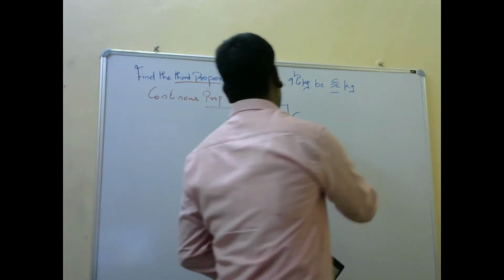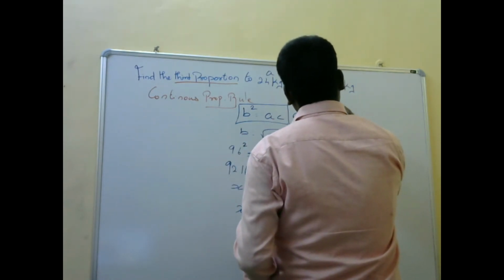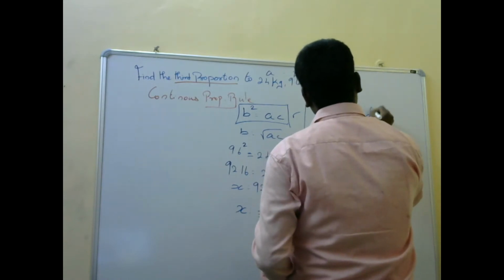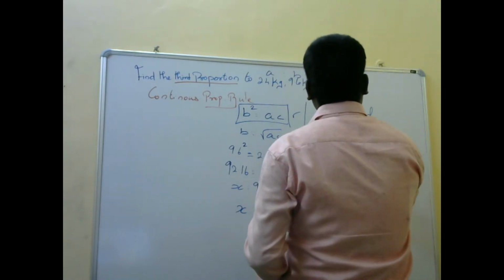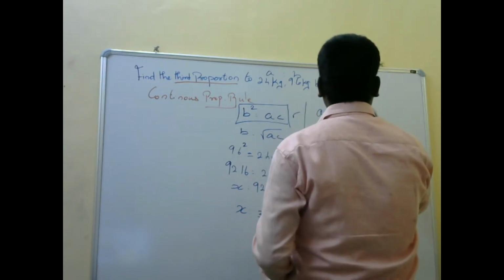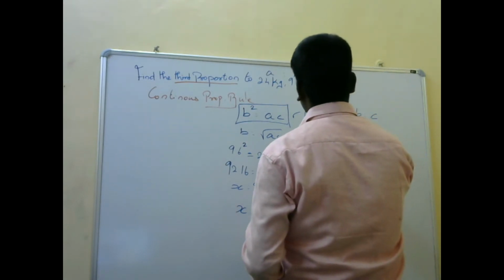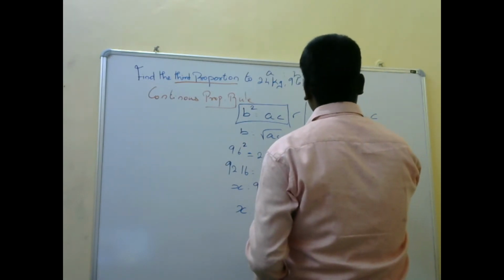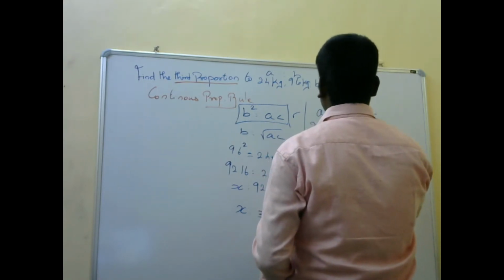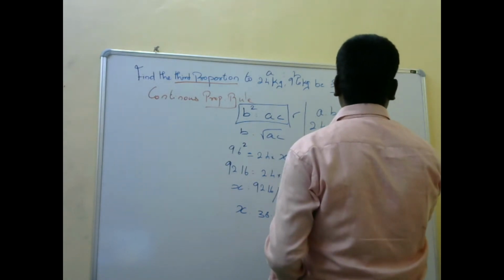This is one method. One more alternative method is: A is to B ratio C is to D. In continuous proportion, it will come as B is to C. Now A is 2.4, B is 9.6, and B again 9.6, and C is x.